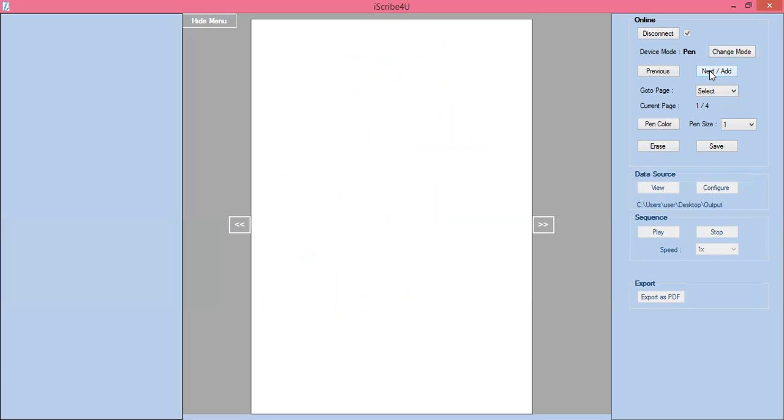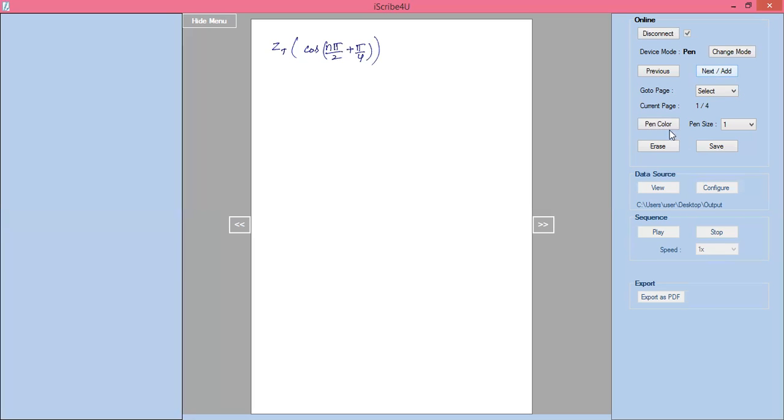Z transform of cos of n pi by 2 plus pi by 4. Right.